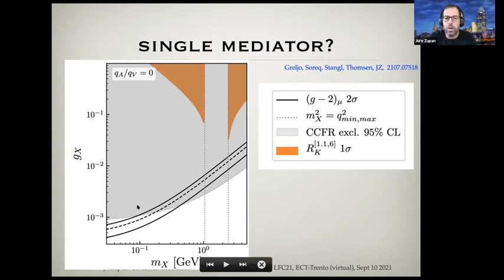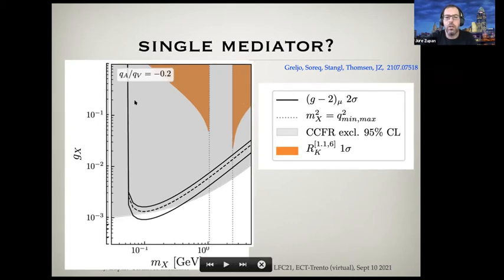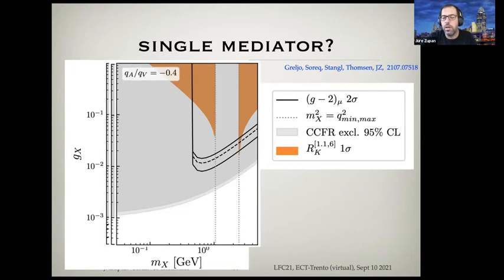If you now switch on the axial coupling, let's say make it negative, you see that slowly we require bigger and bigger gauge coupling, because the contributions to G minus 2 partially cancel. And at some point the constraints from the neutrinos just become too stringent for G-2 to be even explainable by such a gauge boson.